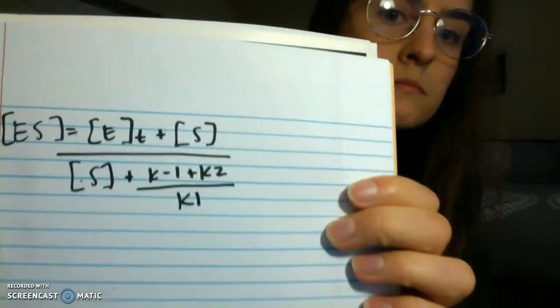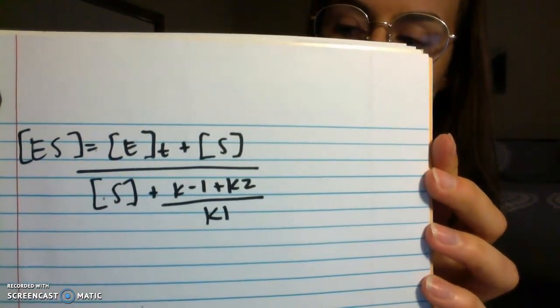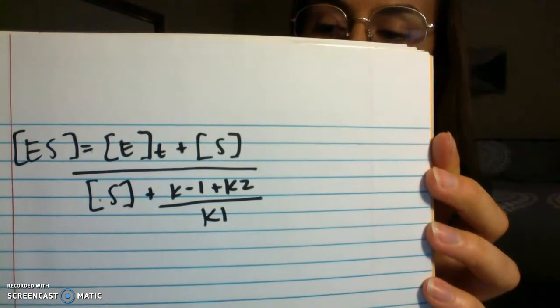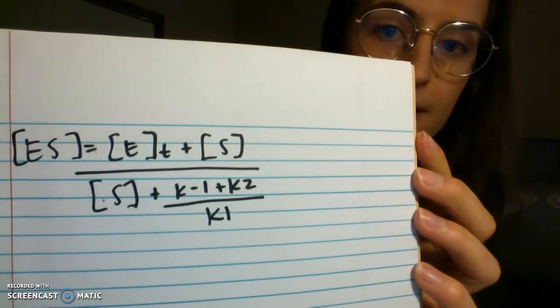And that gives us this. Like I said, this is what we get after we multiply the numerator and the denominator by 1 over K1, and we're still trying to isolate for the concentration of the enzyme substrate complex here.